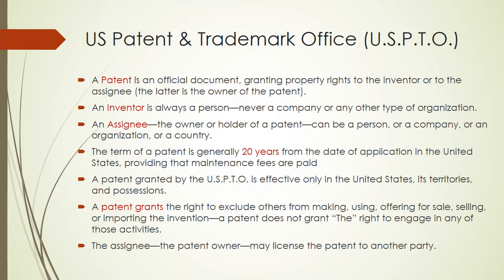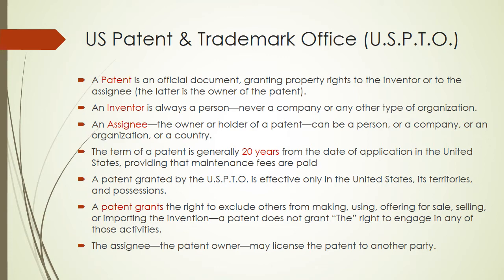US Patent and Trademark Office: a patent is an official document granting property rights to the inventor or to the assignee. An inventor is always a person, never a company or any other type of organization.